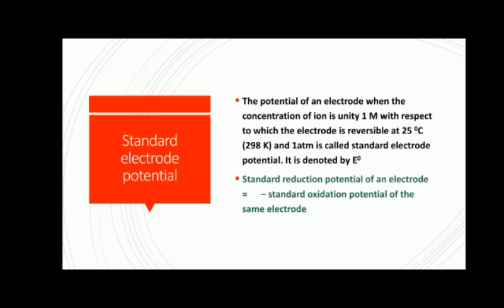It is the potential of an electrode when the concentration of ion is unity, that means 1 molar, with respect to which the electrode is reversible, at 25 degrees Celsius and 1 atmospheric pressure. It is called standard electrode potential, denoted by E0. So we can write that the standard reduction potential of an electrode is equal to the negative of the standard oxidation potential of the same electrode.